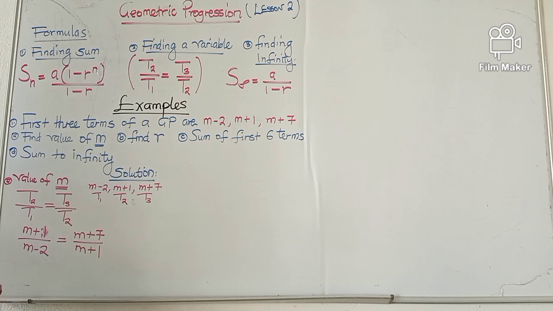So you have replaced in your formula. The next thing that you do, you cross multiply. So we say this times this and this times this.